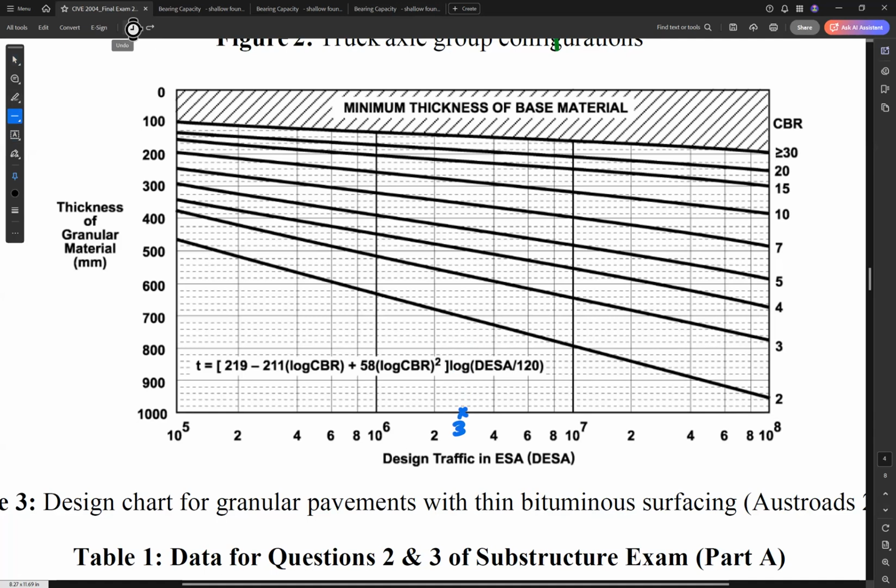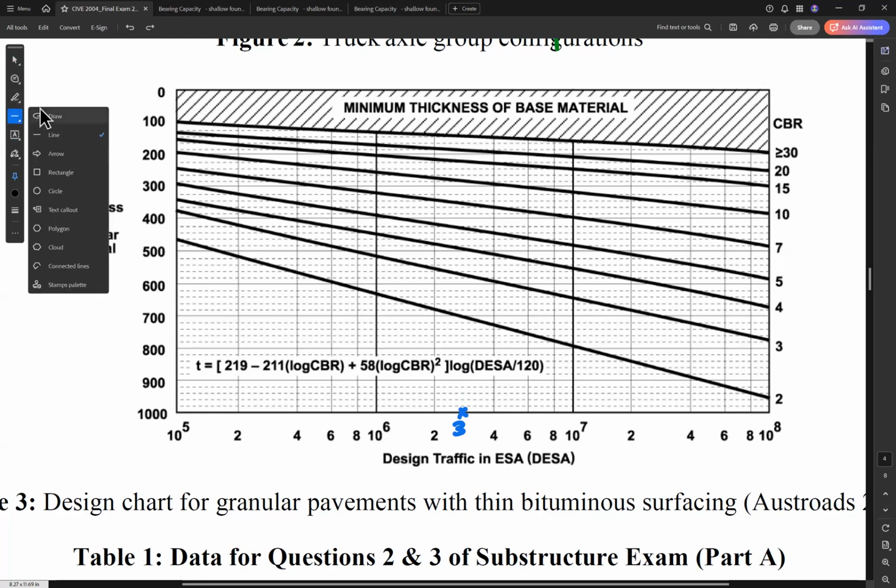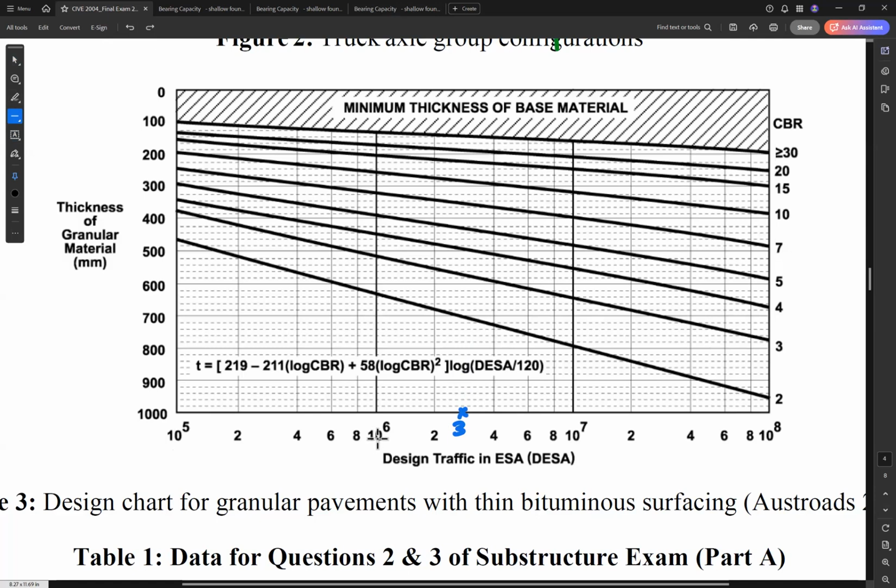10.5 means 100,000, then 1 million, 10 million, 100 million. Here we have 3 times 10 to the power 6. So this is our value. Then we need to add a line here.